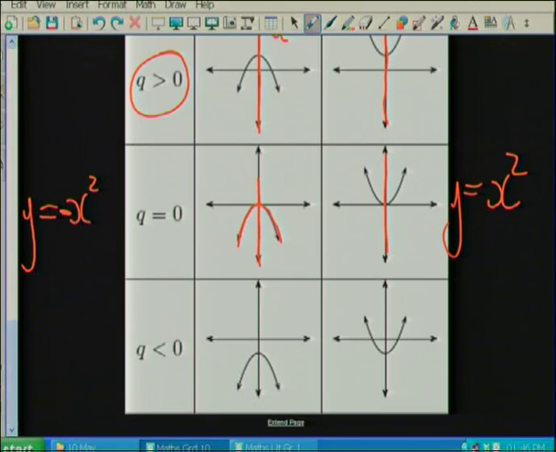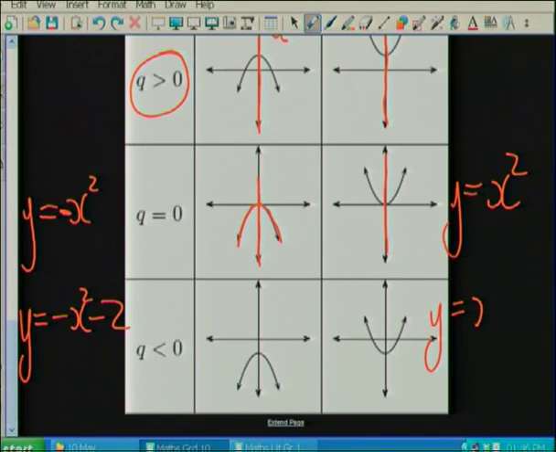If I look at the final two graphs, this graph could be something like y is equal to minus x squared minus 2 because the graph has been shifted down. And this graph could be something like y is equal to positive x squared minus 2 because the graph has been shifted down also.